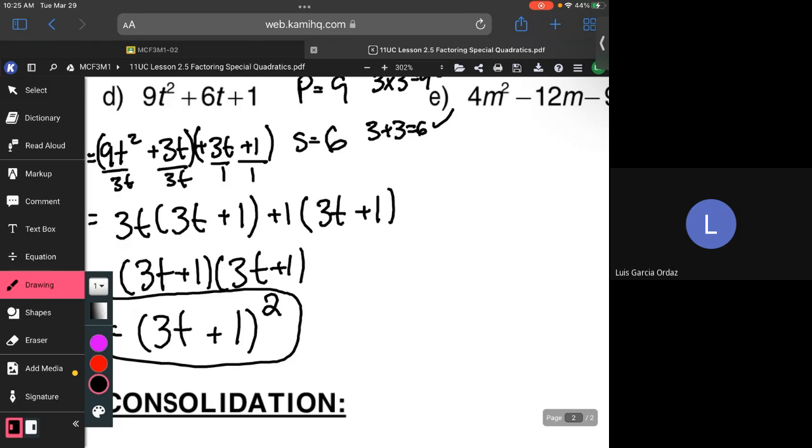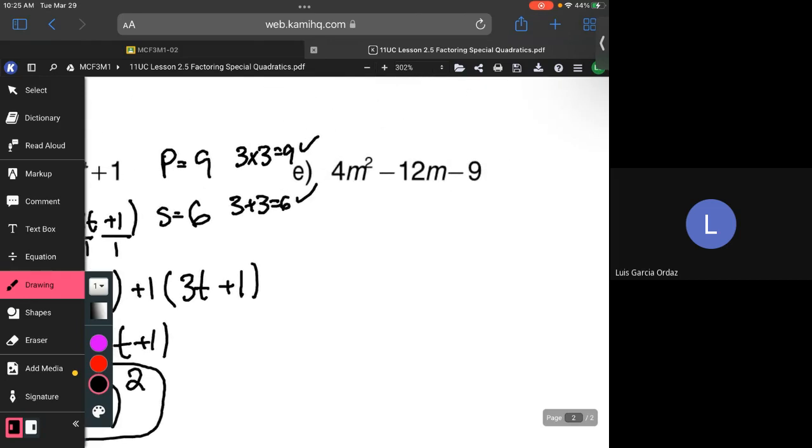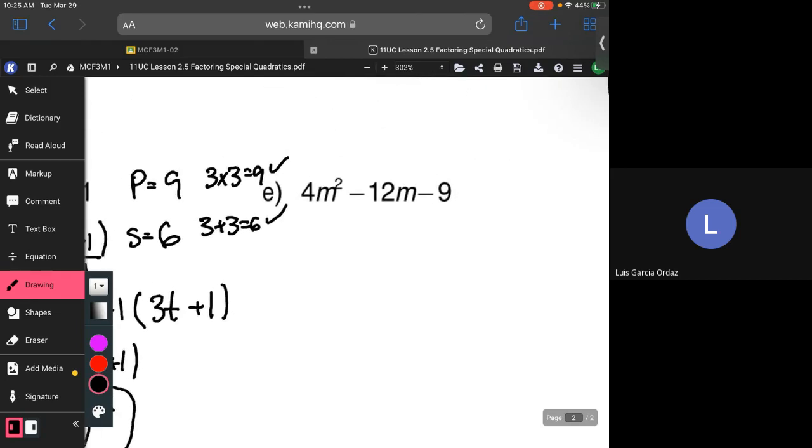Anyone get an answer? I got 2m minus 3 squared. Okay, 2m minus 3 squared? Okay, let's try this. So my product is going to be 4 times negative 9, which gives me what? Negative 36. My sum is what?